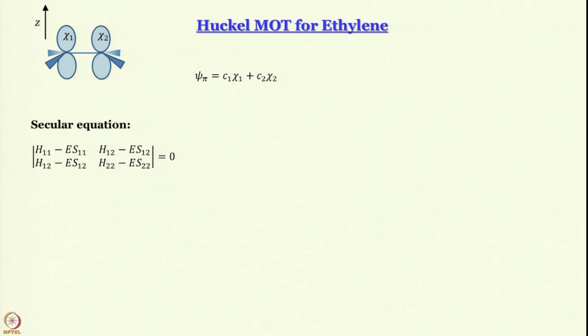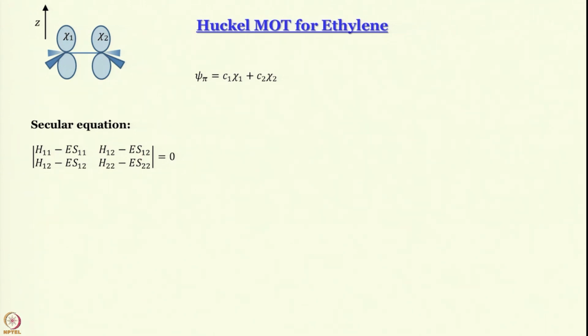So, this is the secular equation: H11 minus ES11, H12 minus ES12, H12 minus ES12, H22 minus ES22, that determinant is equal to 0, and we know that this comes from the requirement that we have non-trivial roots.